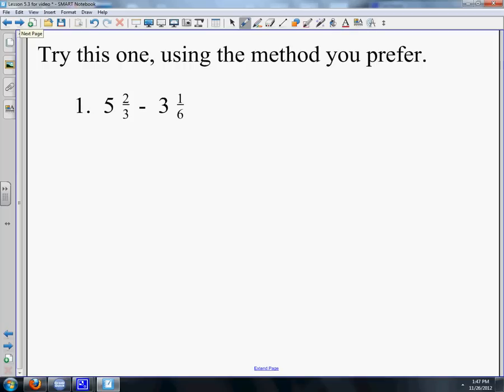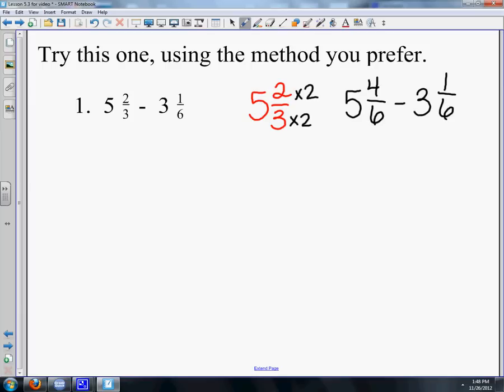So write this problem down: 5 2/3 minus 3 1/6. So 5 2/3, I can make that into a common denominator, and then that becomes 5 4/6 minus 3 1/6. So this one's pretty simple.